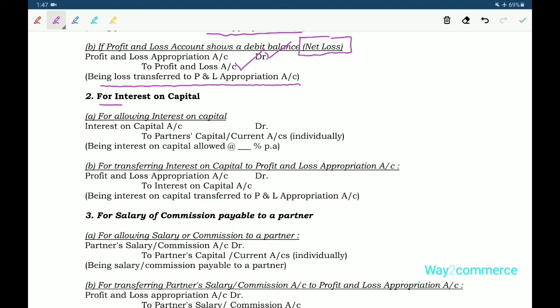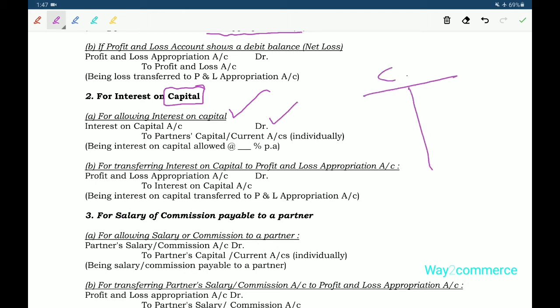Next, for interest on capital, we know that it is an appropriation. So we debit interest on capital. So first of all, interest on capital account debit to partner's capital account, because for example this is capital account.